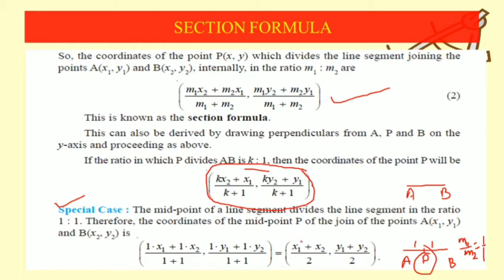So the x coordinate for the point P will be x1 plus x2 upon 2 and the y coordinate will become y1 plus y2 by 2. This way we can find the coordinates of the midpoint of any line segment. So children, this is all about the derivation of the section formula and a special case, that is the midpoint formula.